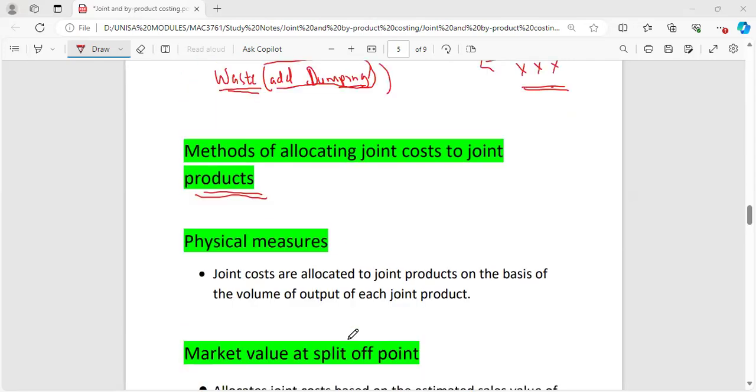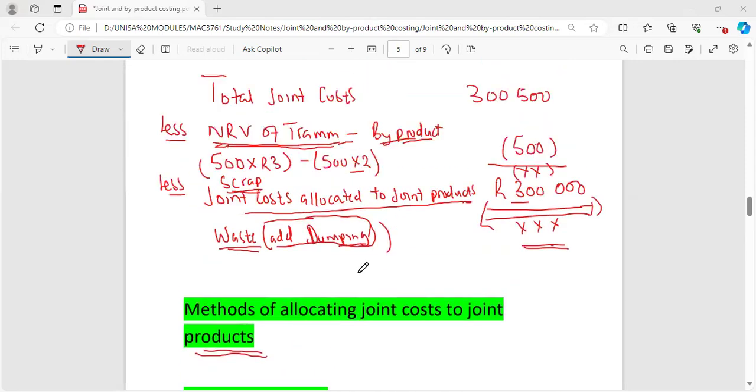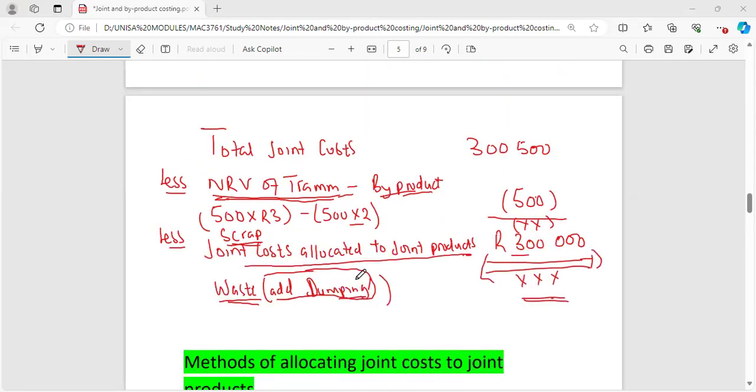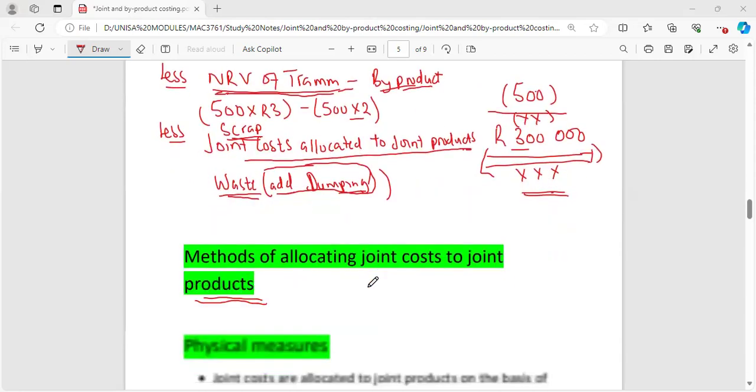Right, so let's look at the methods of allocating joint costs to joint products. In answering your question, the first part is to come up with the joint cost to be allocated to joint products.